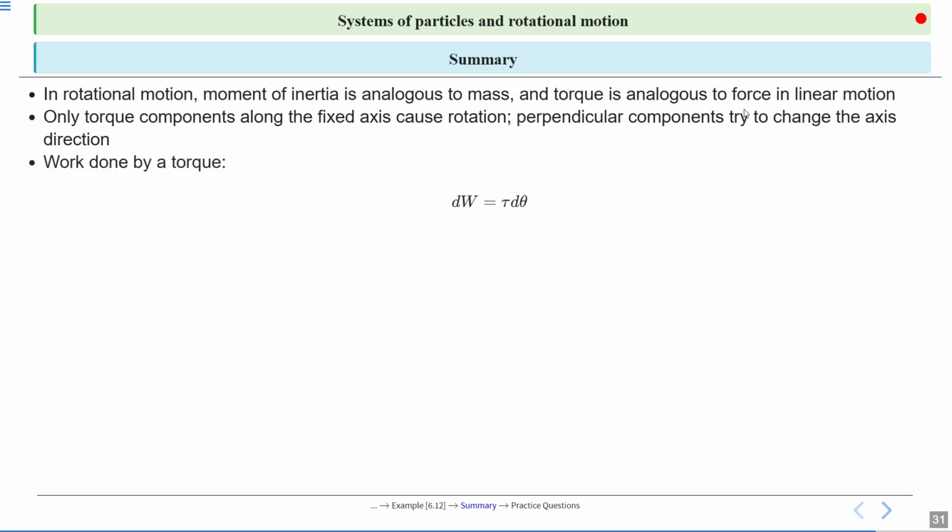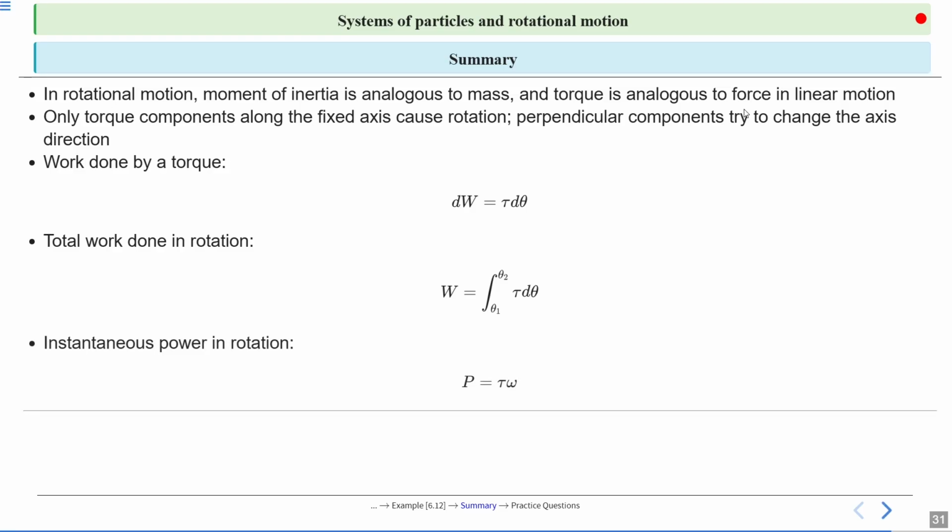Work done by the torque is dW is equal to tau d theta. And work done in rotation is W is equal to integration theta 1 to theta 2 tau d theta. In linear translational motion, work done is equal to integration x1 to x2 F dot dx, force into displacement.